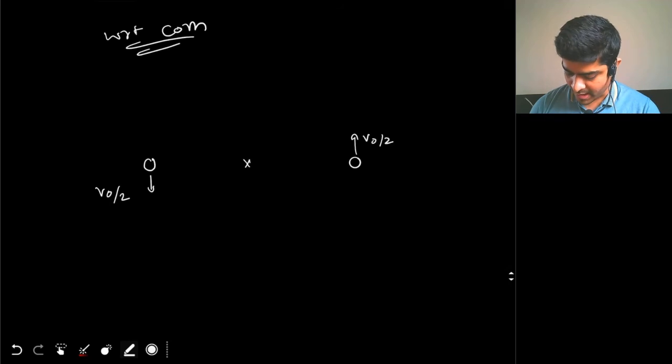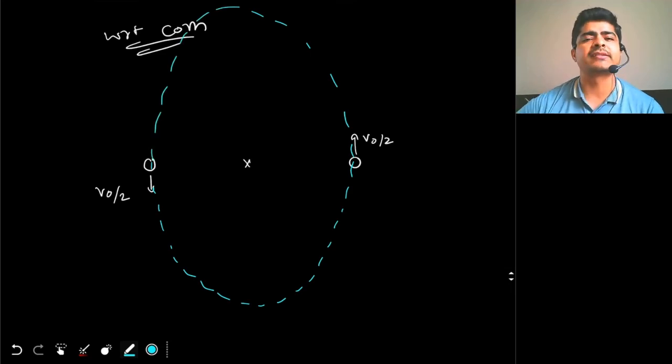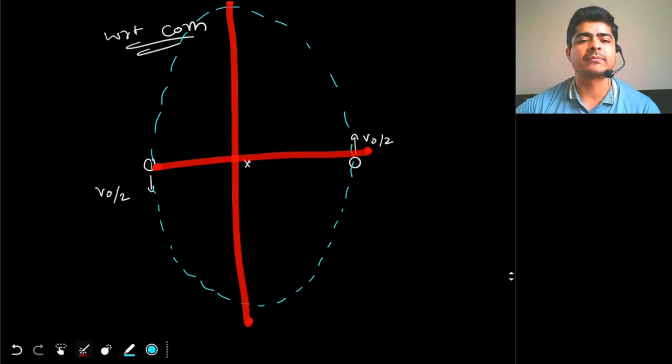Now they will follow an elliptical orbit like this. I have just guessed it: since the initial separation is minimum, this should be the maximum separation over here.